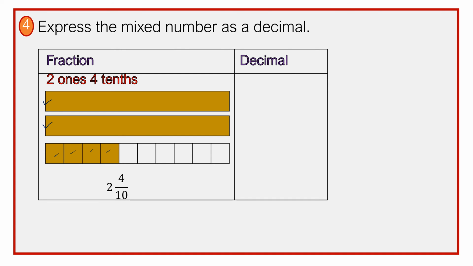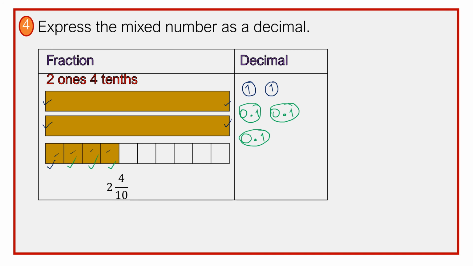So this means that I have 2 wholes. I have this and this. So I have 1 whole, and another 1 whole. Then I have 4 tenths. 1 tenth, 1 tenth, and this one, another 1 tenth, this one, another 1 tenth.